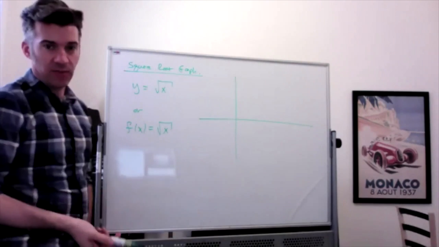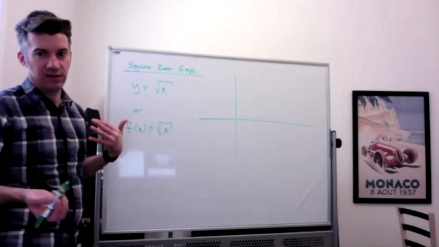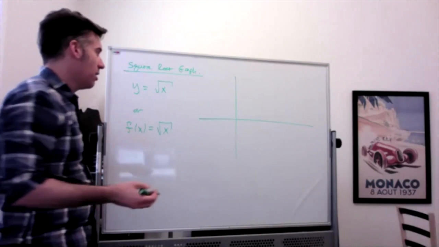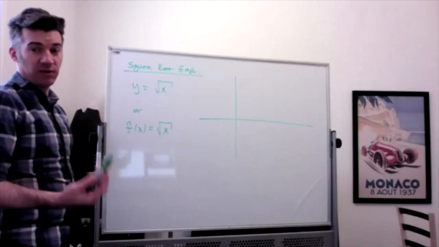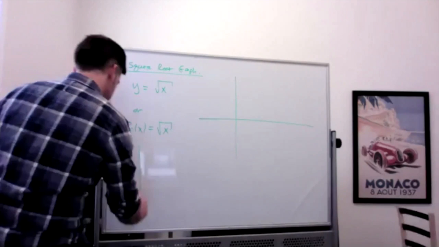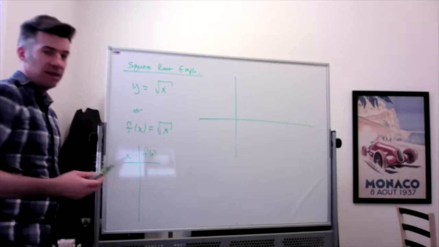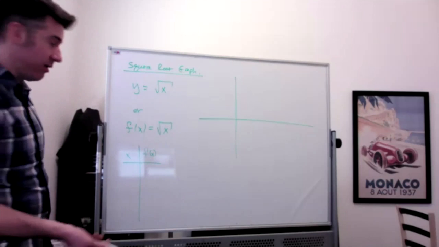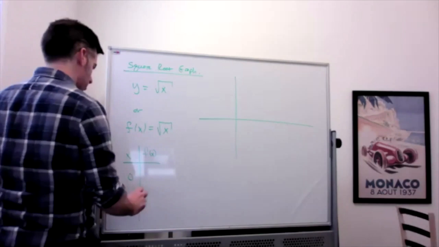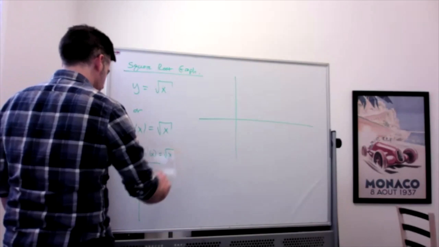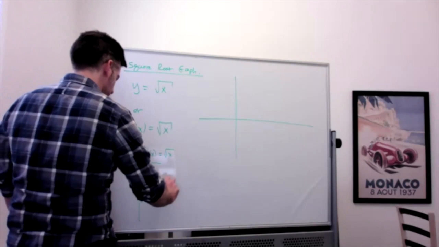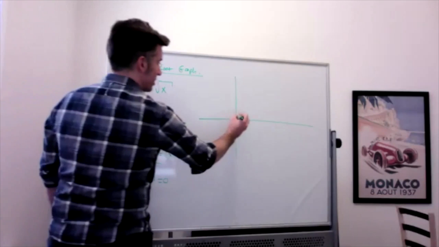You could make a table, although eventually we're just going to graph this by saying it has this kind of shape. But I'm going to make a table of some nice values, for example numbers that are easy to take the square root of, like 0. What's the square root of 0? It's 0.